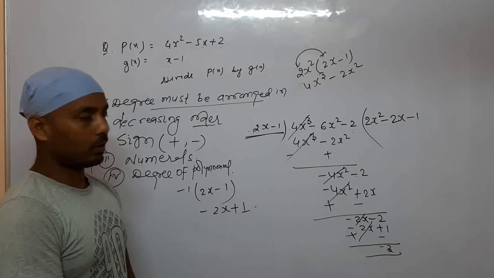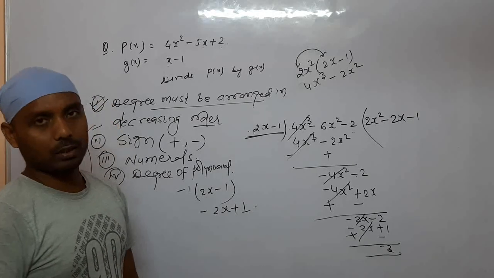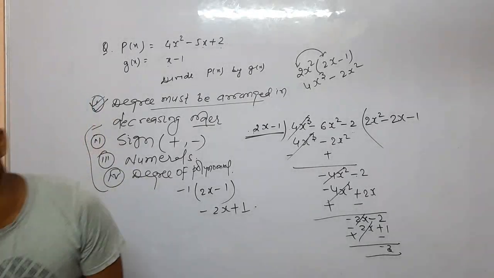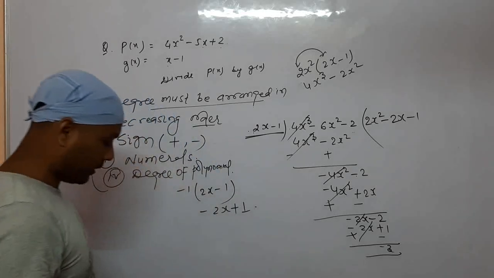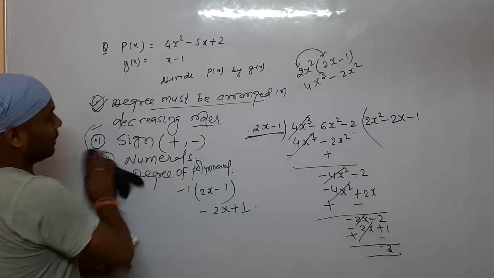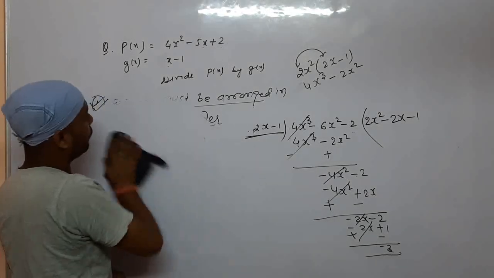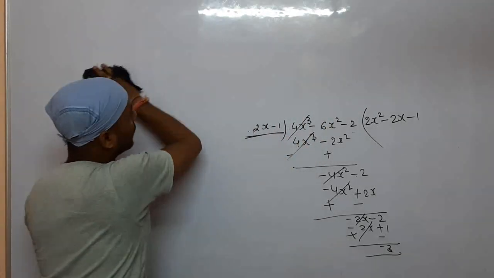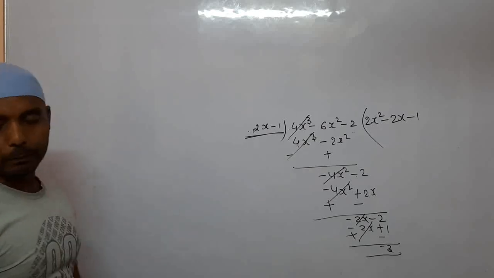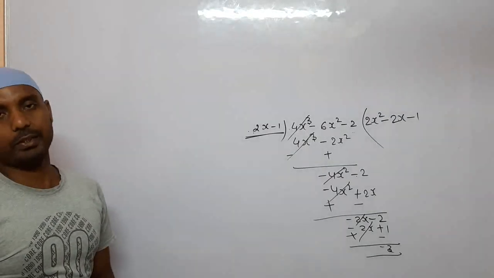I hope now the things have got clear to you. We will see one more topic related to division itself. First of all, what we have to see? We have to see that the arrangement of the given polynomial must be in decreasing order.